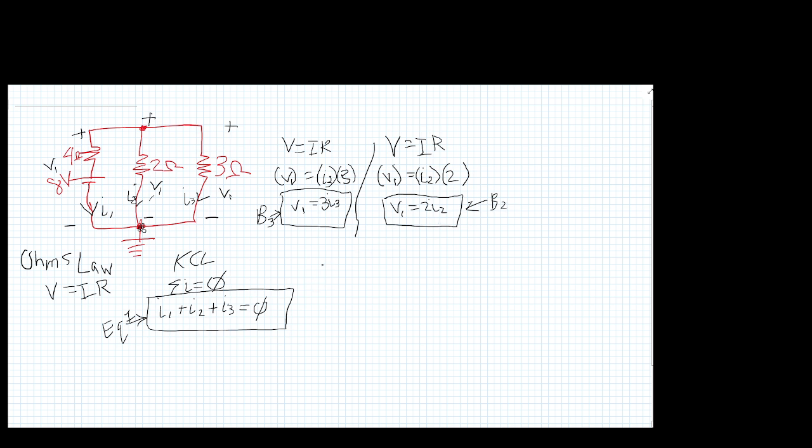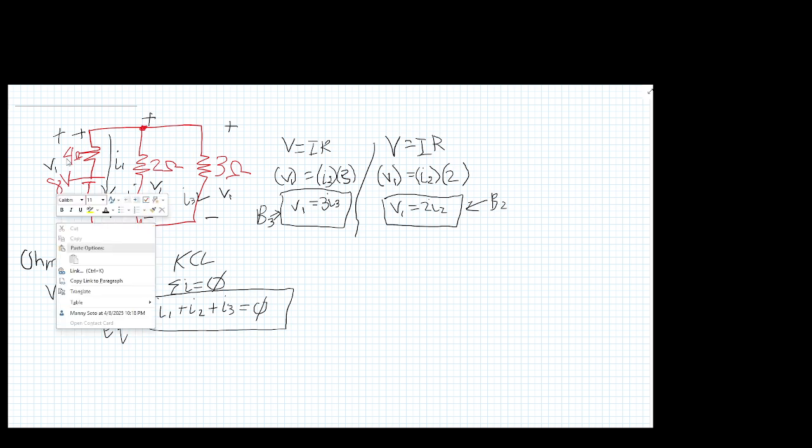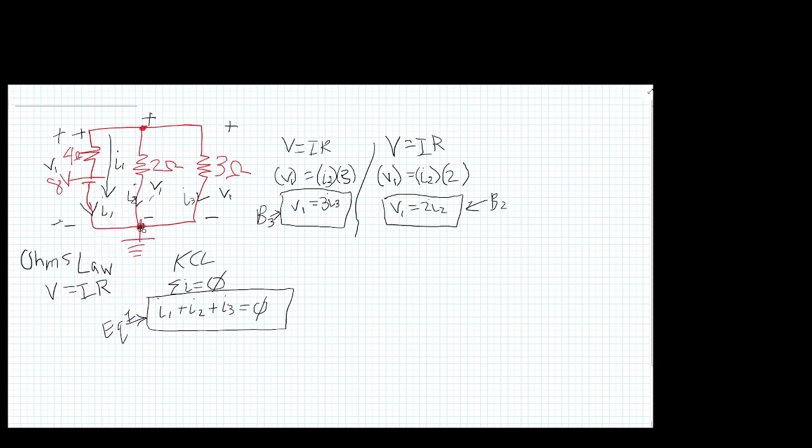Now let's go to the fun branch. Notice on this branch here that the same current goes through there. And we called it I sub 1. And also notice that the total voltage across these devices is V sub 1, the same as any other branches, because they are in parallel.